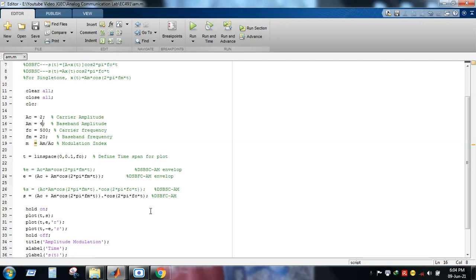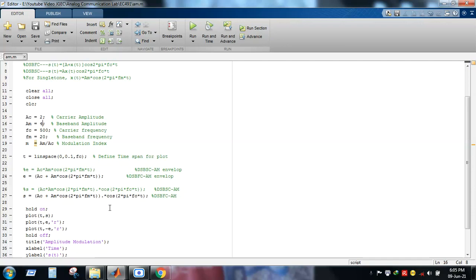All these are shown for the DSBFC signal. And whenever we are using the DSB-SC signal, we should use the corresponding equation, and we can easily observe the waveform. So that's all from this programming, or this laboratory experiment.